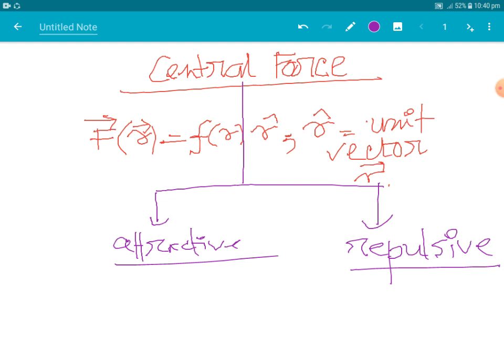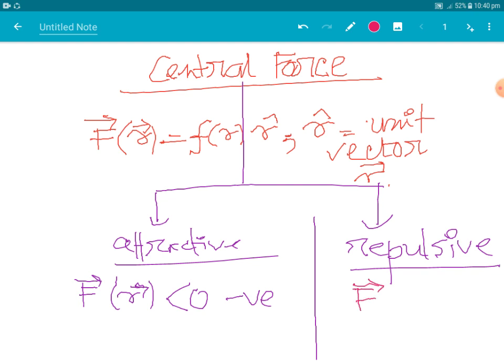In case of attractive, F(r) is negative. We explain it physically, but at first we explain its mathematical form. This is less than 0, that is negative. And in case of repulsive, it is greater than 0, that is positive.